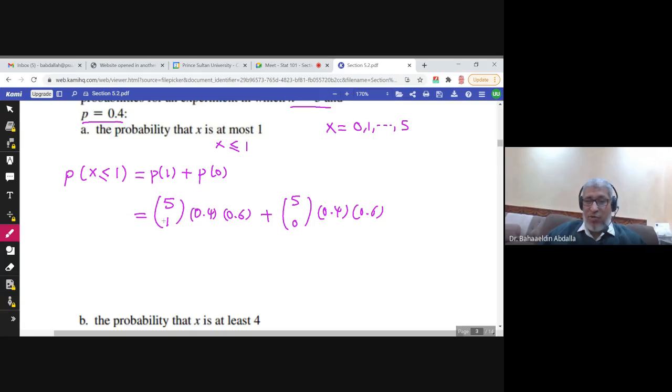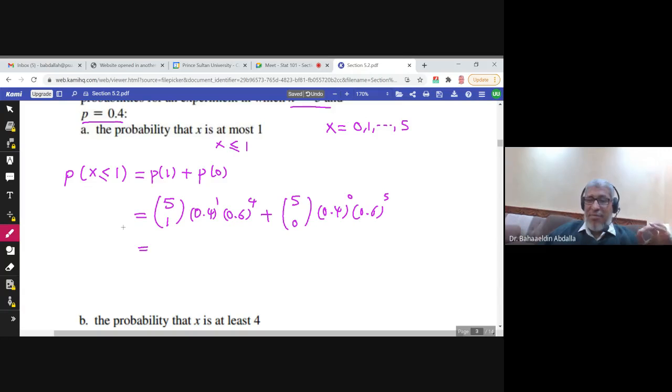Here you raise 0.4 to the power 1. Here you raise 0.6 to the power 5 minus 1. Here 0.4 is raised to the power 0. Here 0.6 is raised to the power 5 minus 0, which is 5. And you can find the answer, and this will give you the probability of x less than or equal to 1.